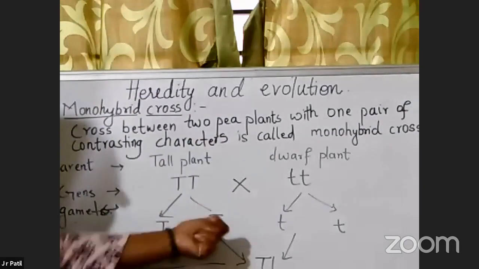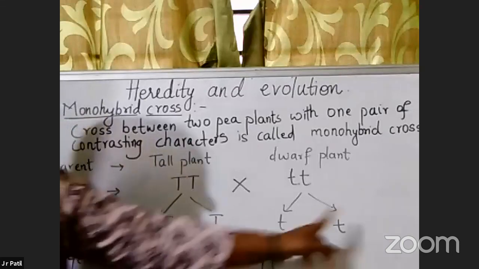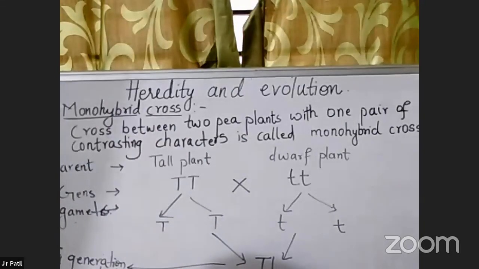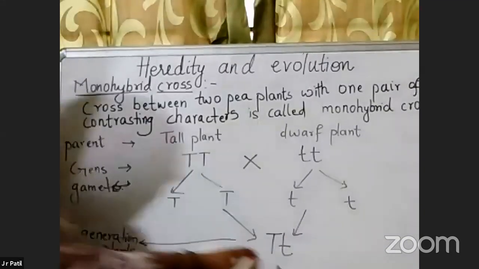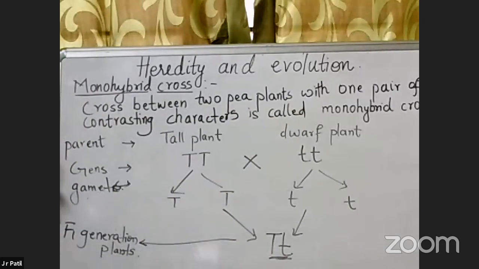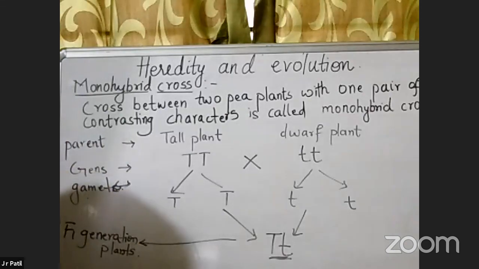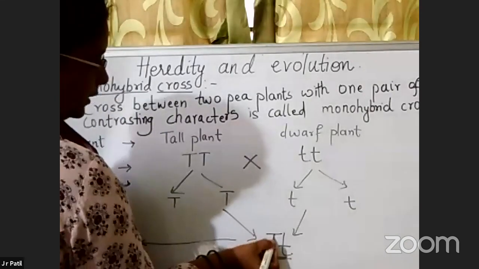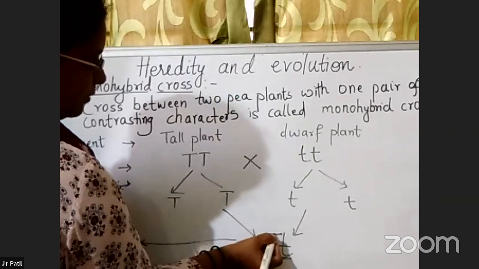Either this or this will come here, and either this or this will join here. So this will be the new plant formed after cross pollination. The plant we get after cross pollination, we call F1 generation plants. What are these F1 generation plants like? Look here, it is showing one capital T inside.